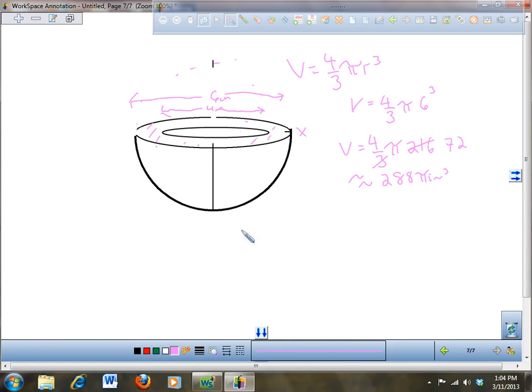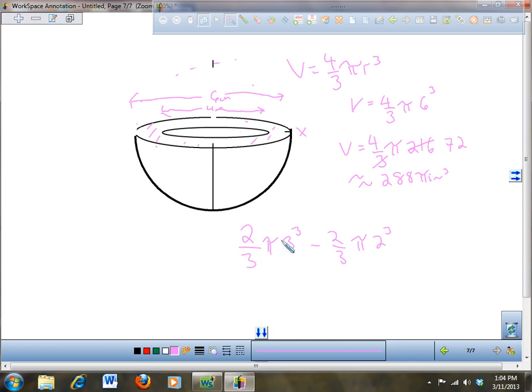So the volume of this shaded part is 2/3 pi times what cubed? Not 6. You want the radius, not the diameter. 3 cubed. Minus 2/3 pi times what cubed? 2 cubed, because this is the outside radius, and 2 would be the inside radius.